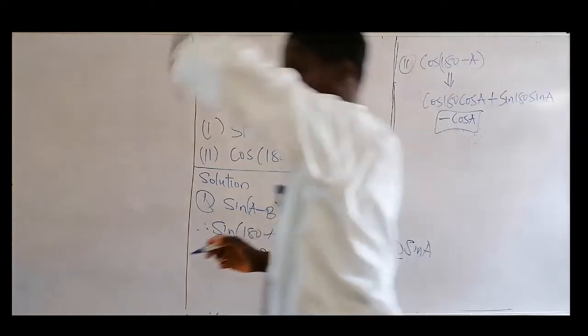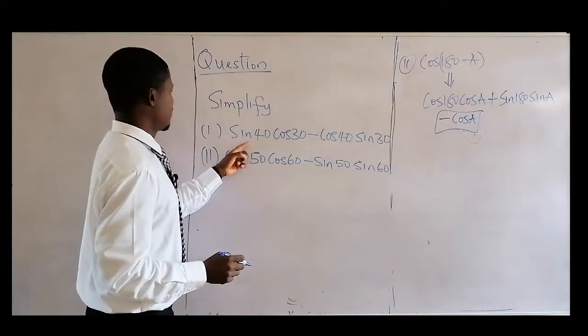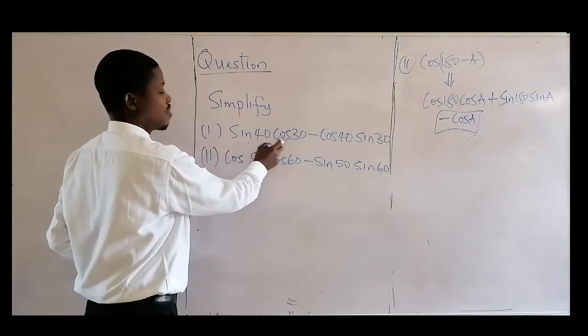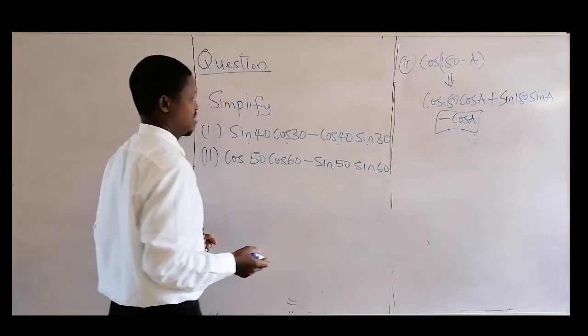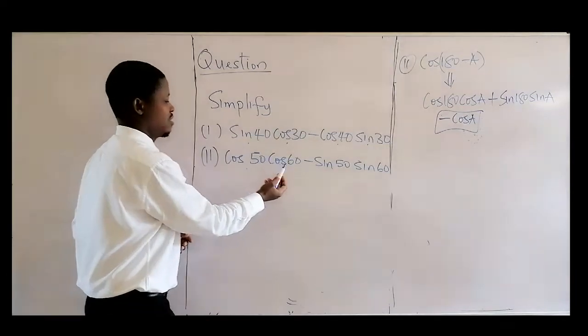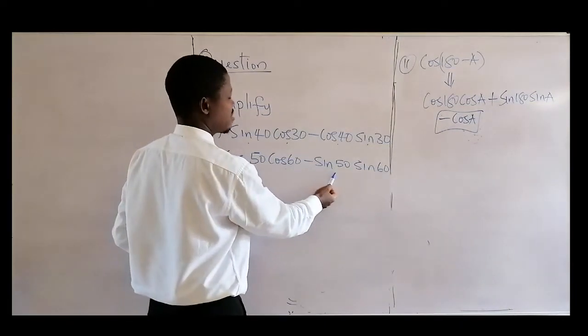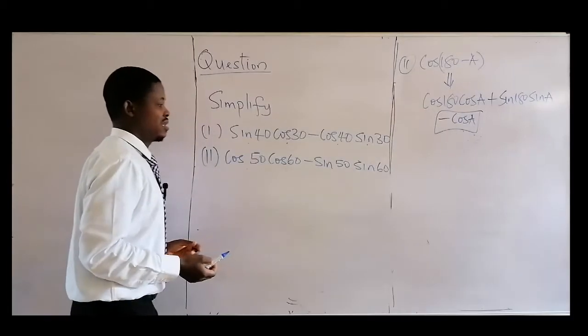Okay, more questions? Yeah, let's look at this question. You can see here, simplify sine 40 cos 30 minus cos 40 sine 30. And also this one, cos 50 cos 60 minus sine 50 sine 60.